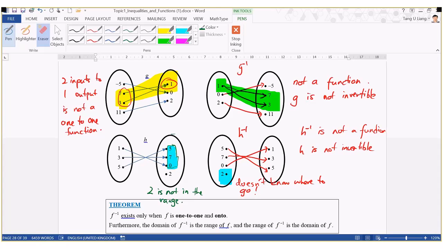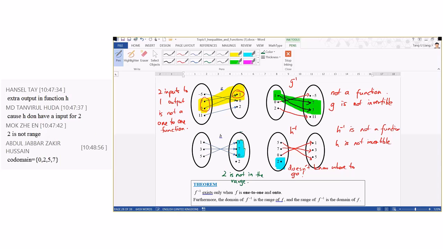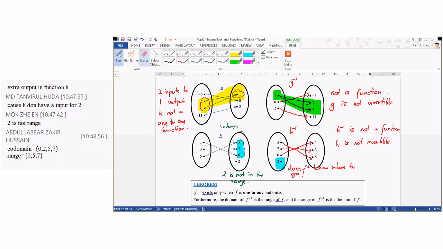When the range is a proper subset of the codomain, then H is not invertible, because it doesn't know what to do with the extra bit.